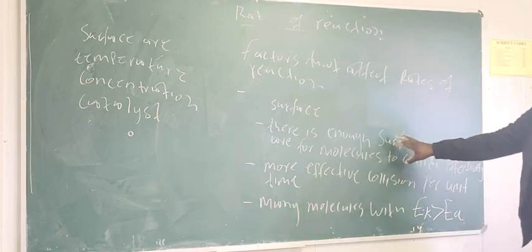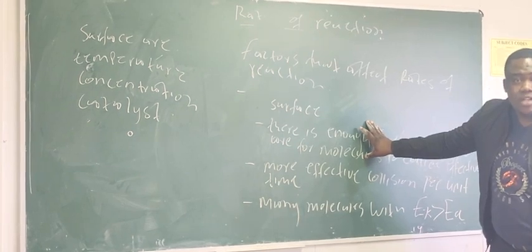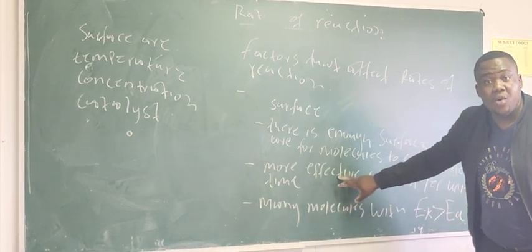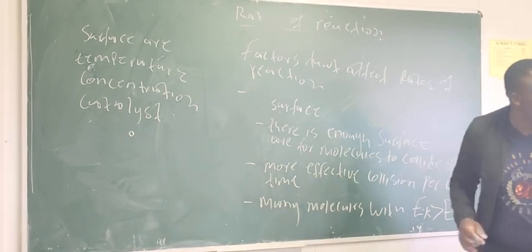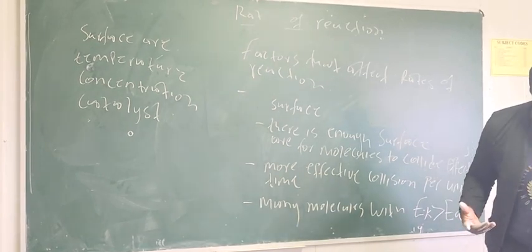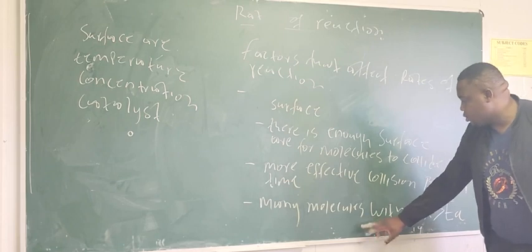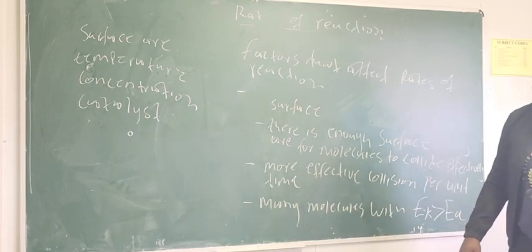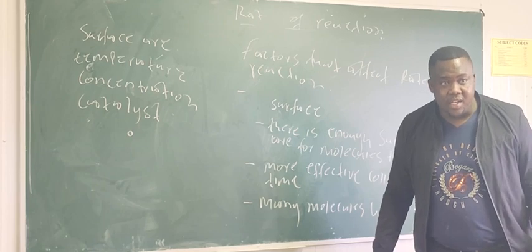So when we have enough space, there will be many effective collisions per unit time. Effective collisions will be many. Then we come to this last one: we will have many molecules with kinetic energy greater than activation energy.